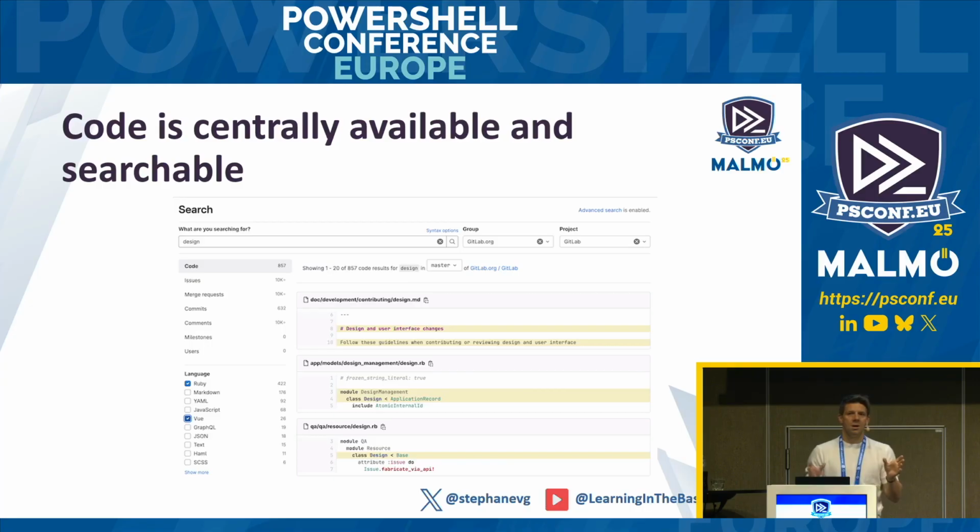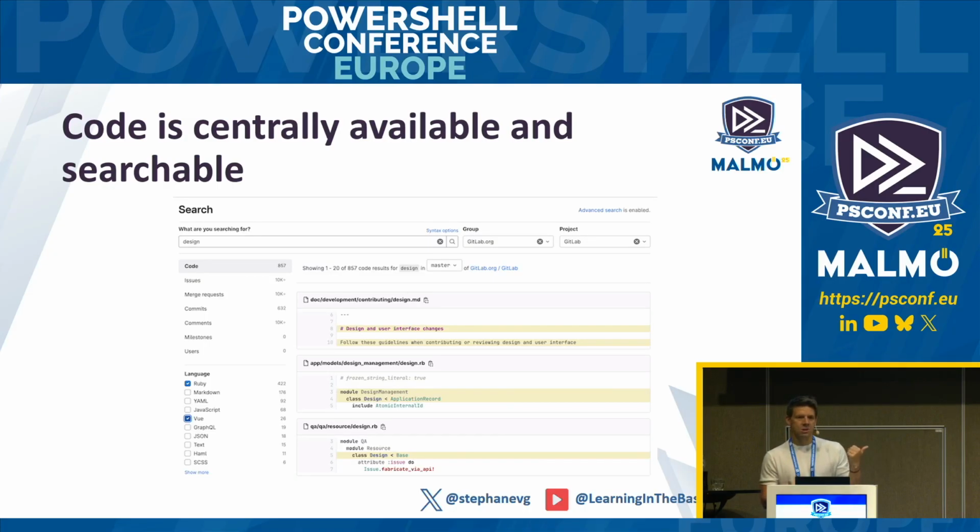You need to be a little bit smart about it, and for example have a repository for your team or for your section, and in there all the Git repositories you are responsible for. That way, when you have a problem in production regarding, for example, a registry key, and you're not sure where it comes from, or you do not have enough logging information, you can do a central search in your code base.